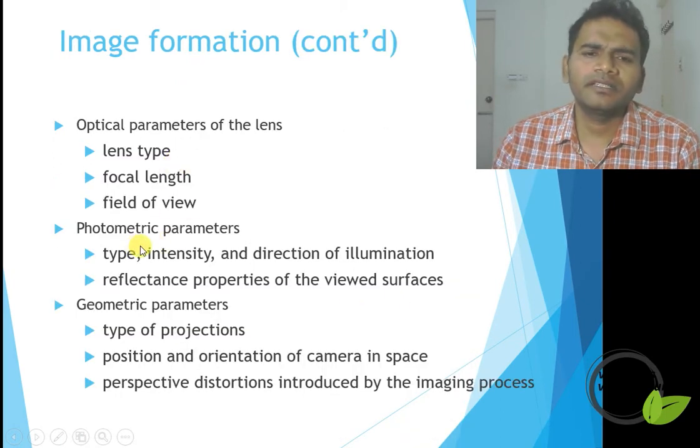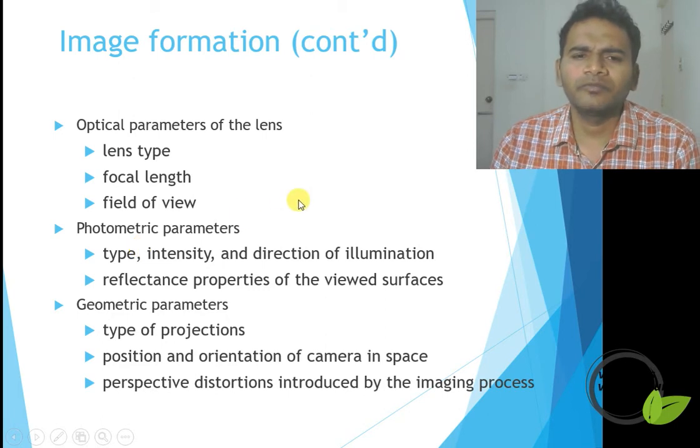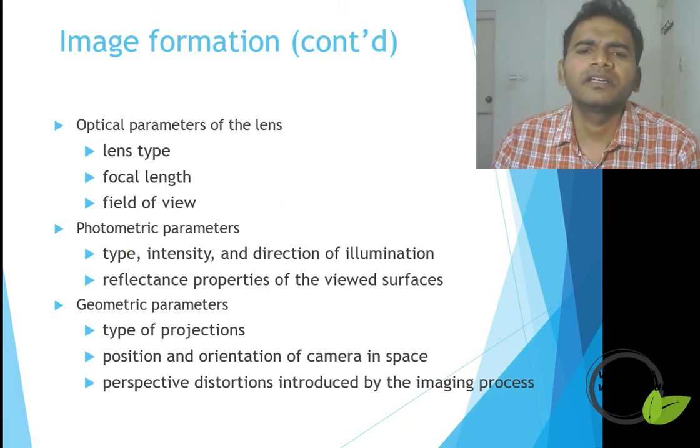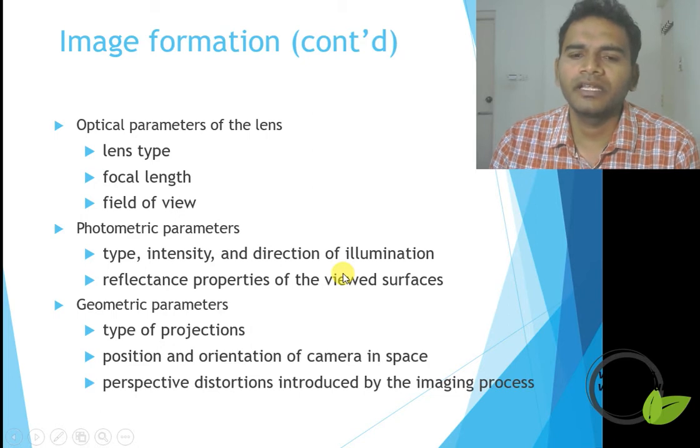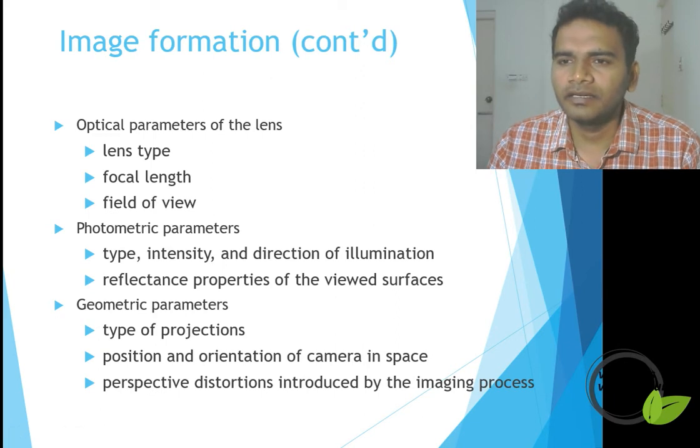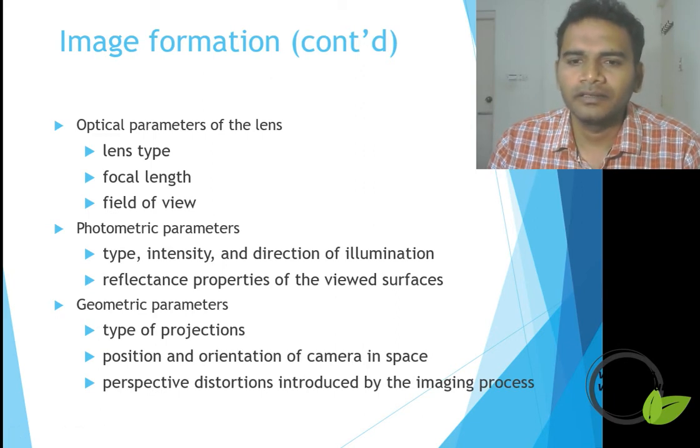And photometric parameters include the type of photometrics you are using, and intensity, which is directly dependent upon the light radiation. Then there is the direction of illumination; there are different types of illuminations. Directed illumination is without any focusing: we project the light radiation onto an object, just like what I'm doing now, using a light source on my face to get a clear image.